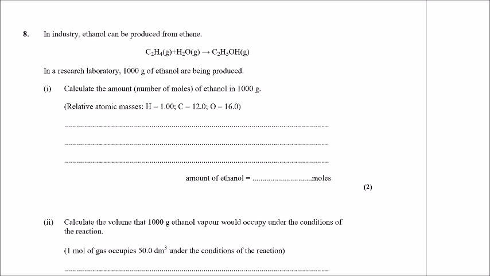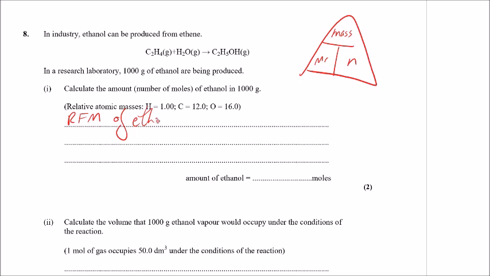Okay, so here we have a mole calculation. So just drawing a triangle out, we've got mass, MR, and moles, and the relative formula mass of ethanol equals 46. Okay, you do this by adding all of these atoms together. So we've got 2 times 12 plus 6 plus 16.